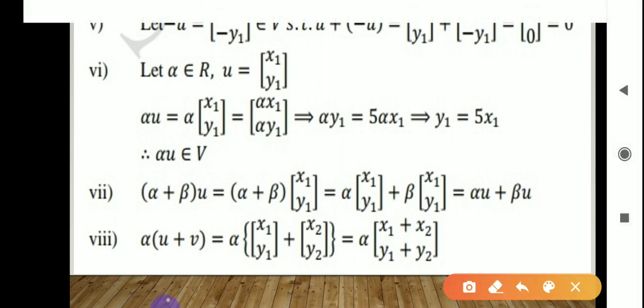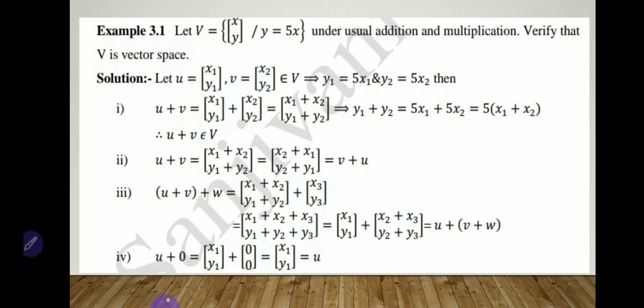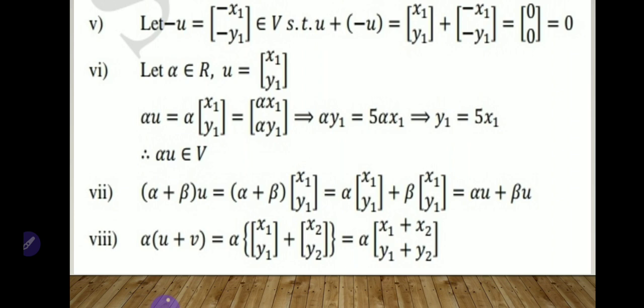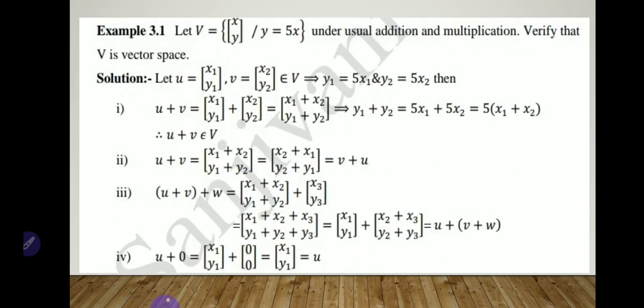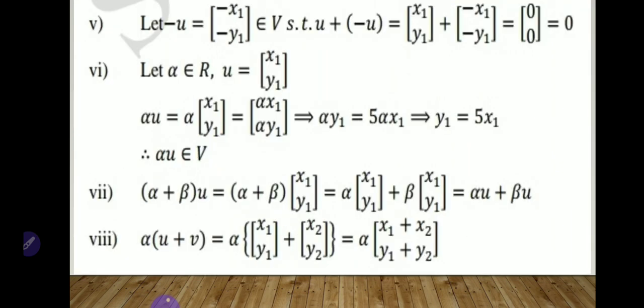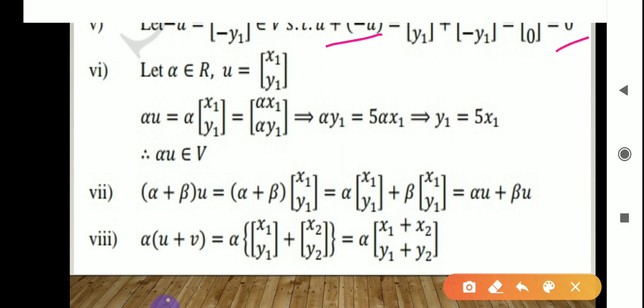Minus u is equal to minus (x1, y1), which belongs to V, such that u plus minus u is equal to (x1, y1) plus minus (x1, y1), which is equal to (0, 0), that is 0. So u plus minus u is equal to 0, and this property is also satisfied.